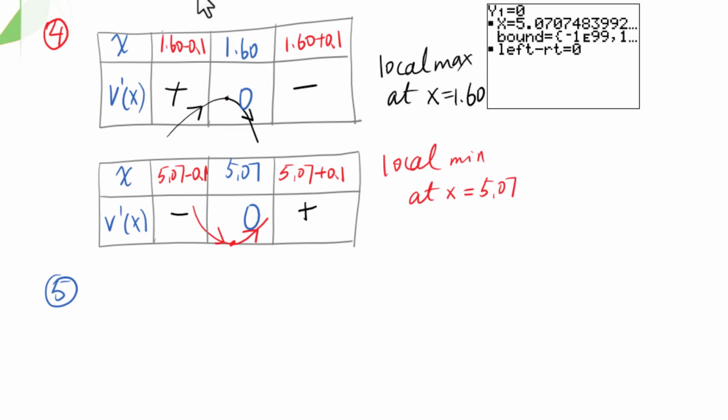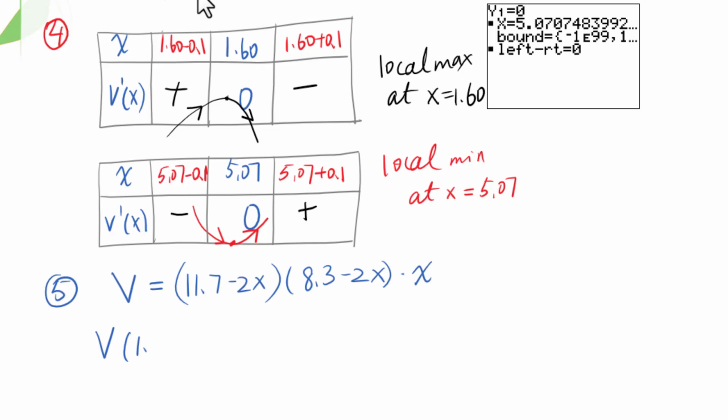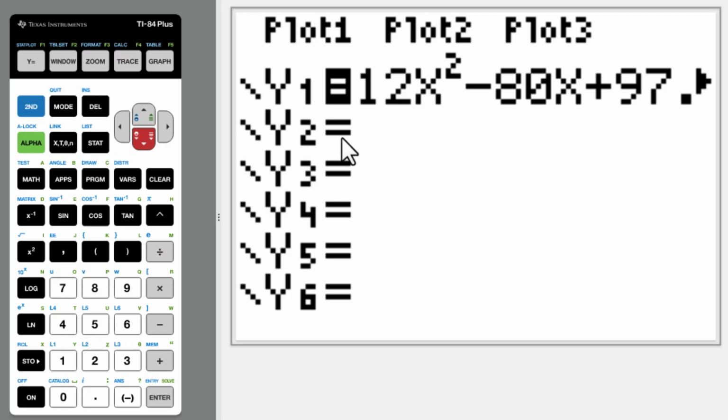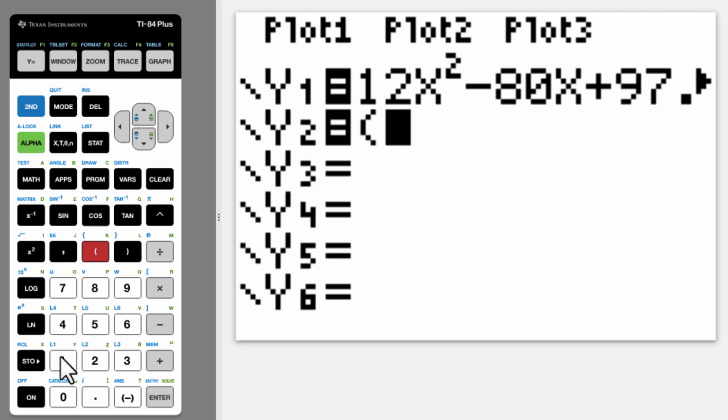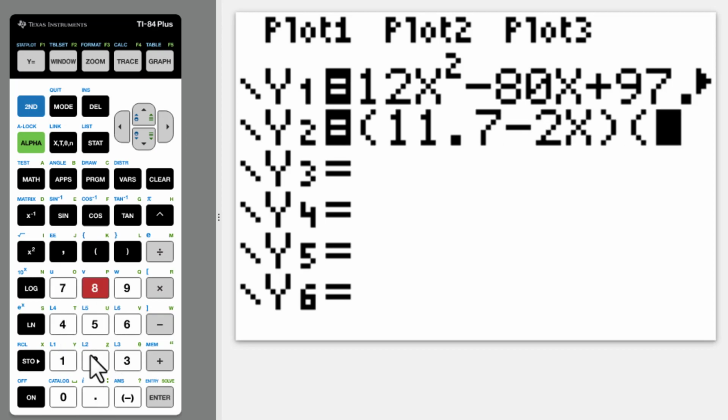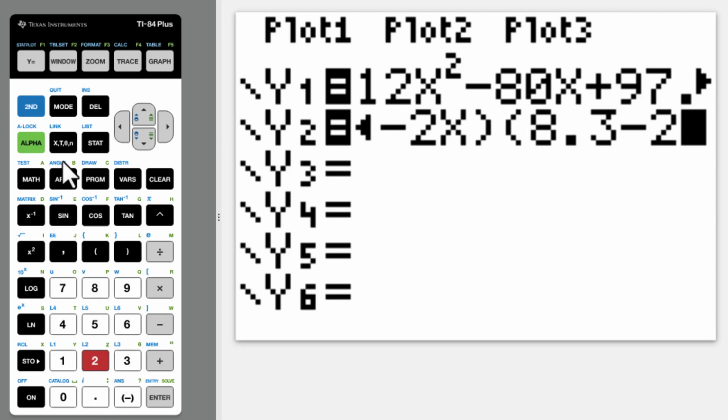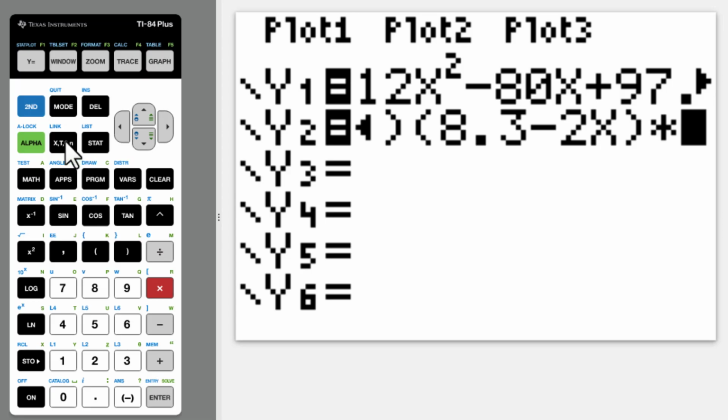Next step, we need to figure out the maximum volume. We do know volume equals 11.7 minus 2x, 8.3 minus 2x, then times x. For V of 1.60, let's put the function into y2. 11.7 minus 2x times 8.3 minus 2x, then times x.